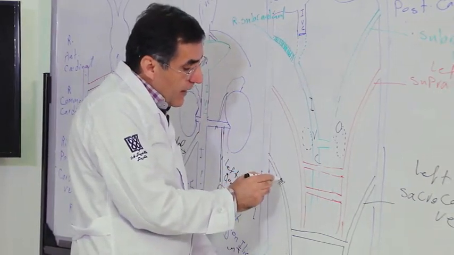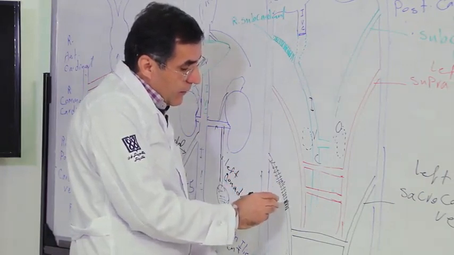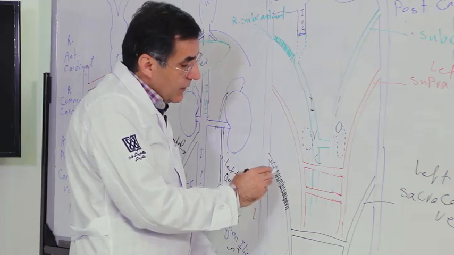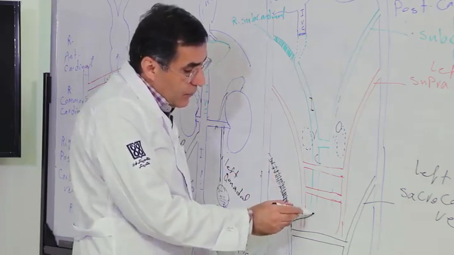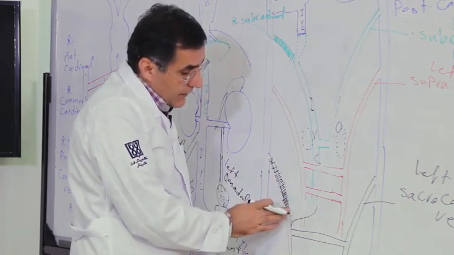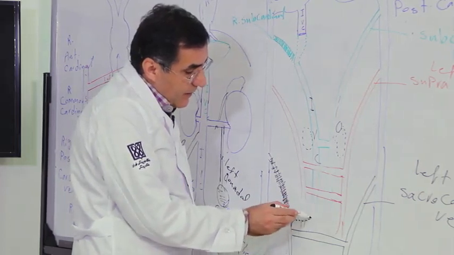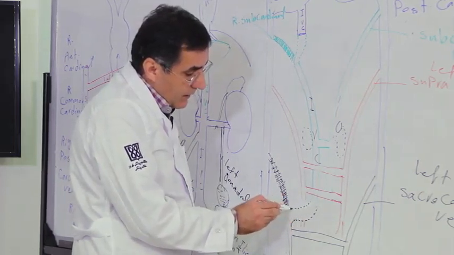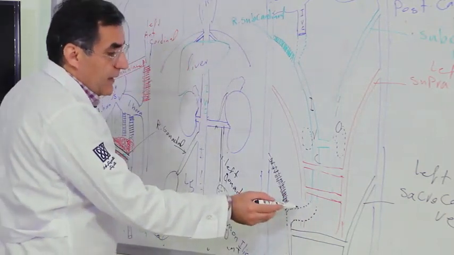Again, the right sacrocardinal vein lost the communication with the posterior cardinal vein and makes a new connection with the right subcardinal vein. This part makes the IVC.